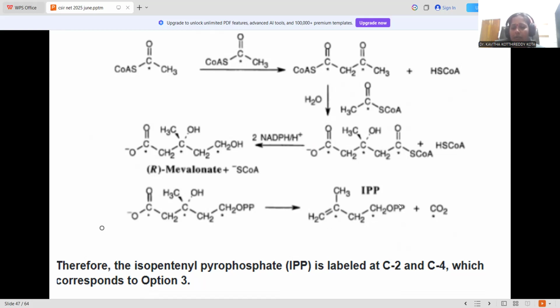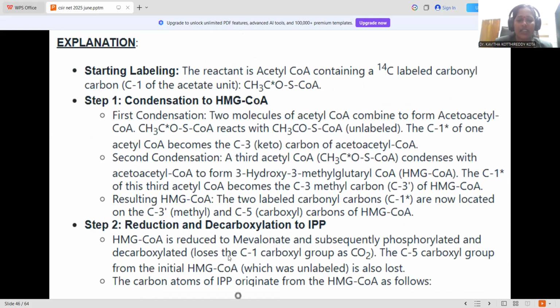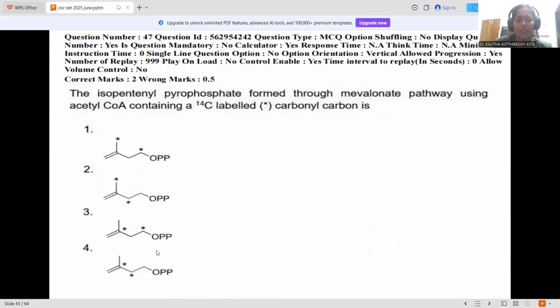If you count the carbons in the IPP, positions number 2 and 4 have C14 labeled carbon atoms within the molecule. Initially that was there at the carbonyl carbon only, which goes through the mevalonic acid pathway for the synthesis of IPP. After getting this IPP, you can notice the labeled carbon atoms are at the second and fourth positions within the molecule.